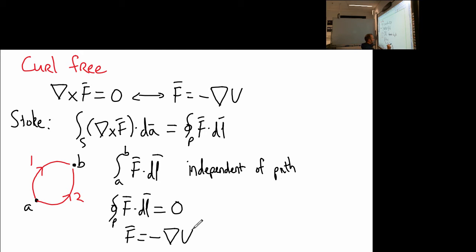Well, we can write this because if we go back to the curl of f, it would be the curl of grad v, which is going to be equal to 0.